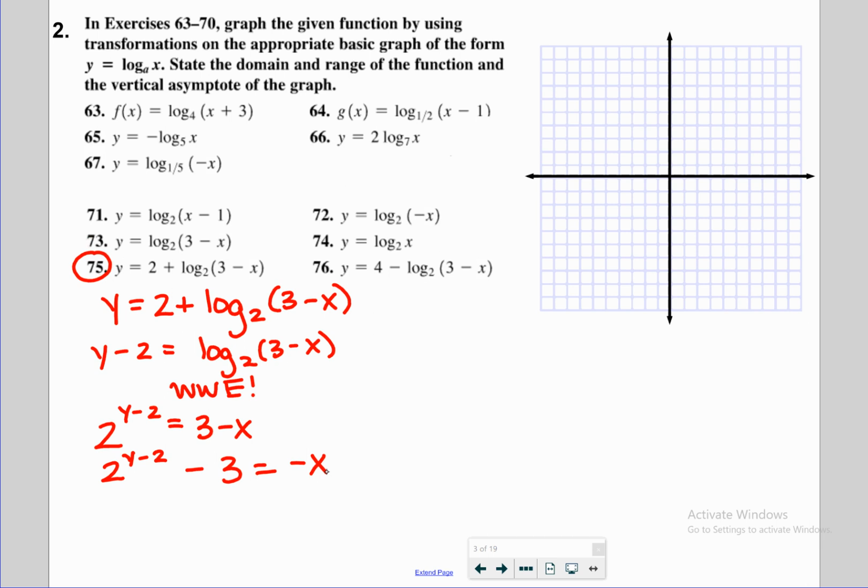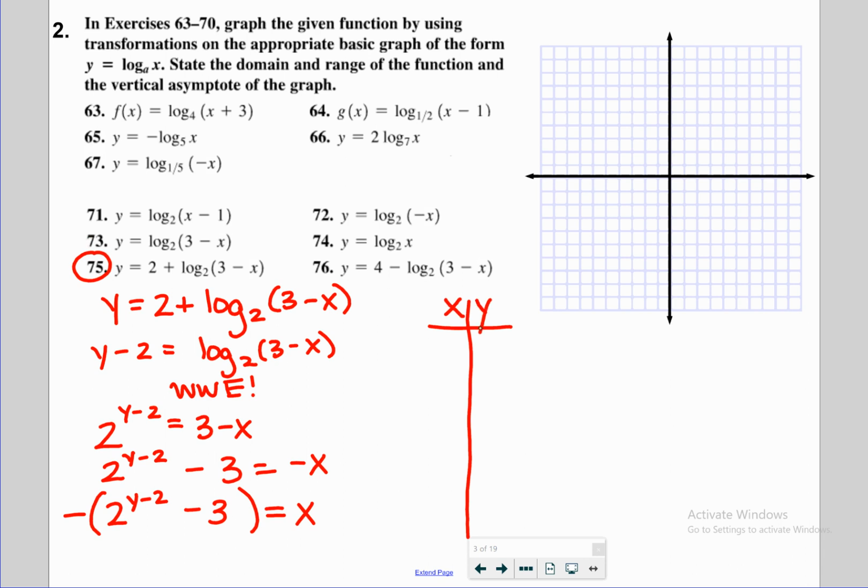And then how do I get rid of that negative? Divide or multiply by a negative. So I'm actually just going to put that whole left side in parentheses and then a negative in front of it. It doesn't matter what form I write that in. The goal there was just to get the x alone, so it's going to be easier to type in my calculator.